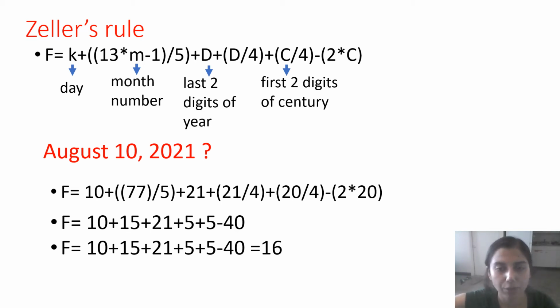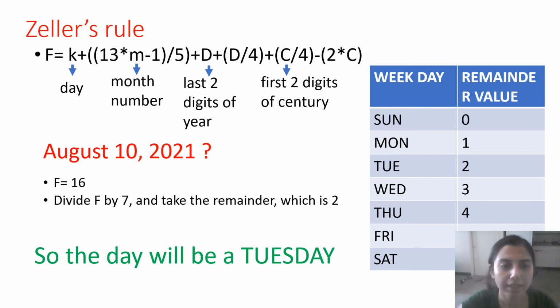Once you have the value of f, the next thing you need to do is divide the value of f by 7. There are 7 days in a week, and the remainder value that you get corresponds to a specific weekday. In this case, the remainder value is 2.